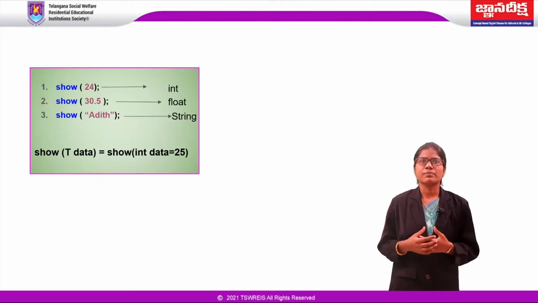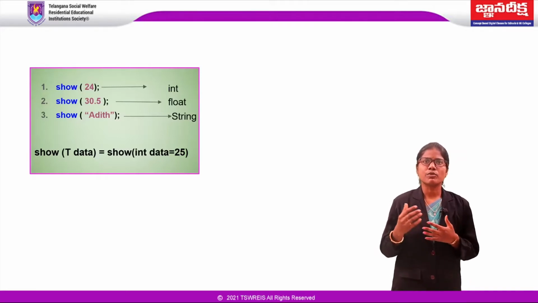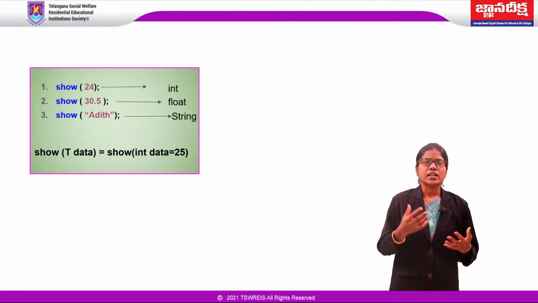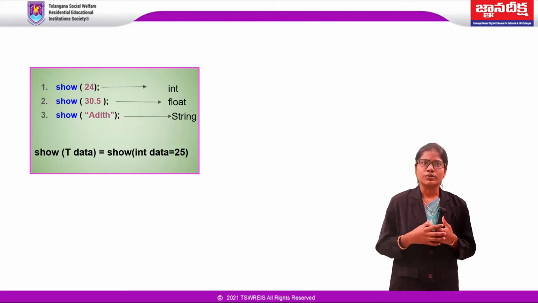In the second step, we are passing 30.5 as an argument. In this case, data type is determined as float and T in show function definition will be replaced as float and value 30.5 will be copied to data, that is actual parameter.